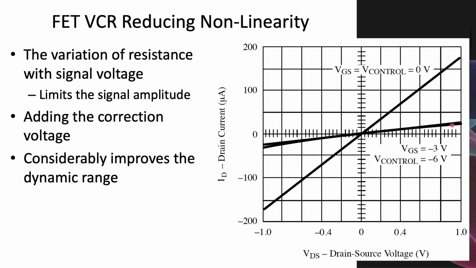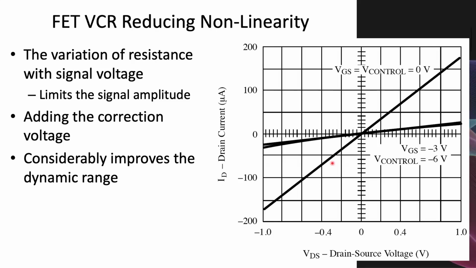You can see now that we've probably doubled the usable signal value. So we've got a 6 dB increase in signal voltage, even more so at very low control voltages. And this considerably improves the dynamic range.